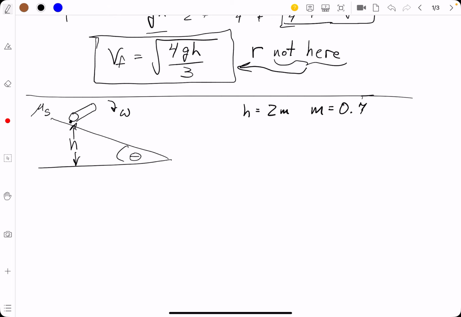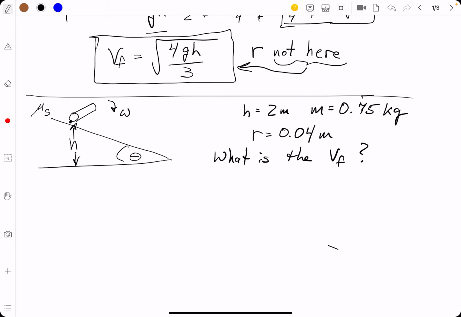Let's do 3/4 of a kilogram. Okay. Question to you. What is the final velocity?